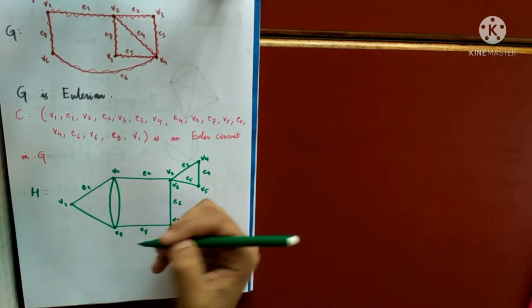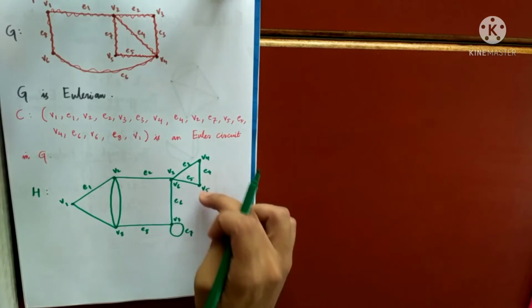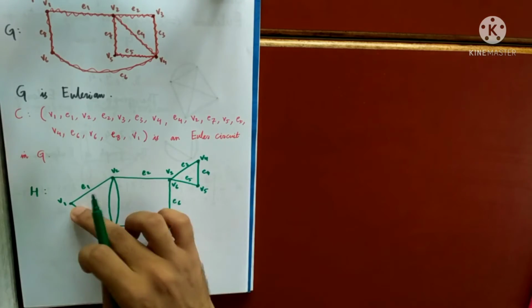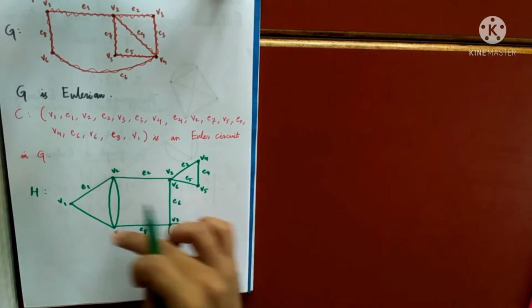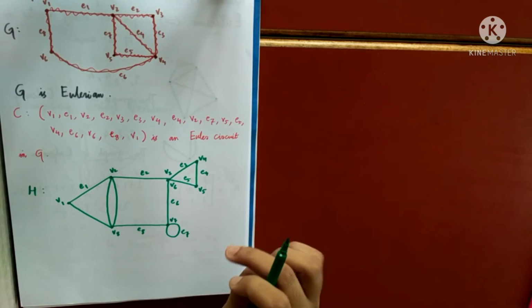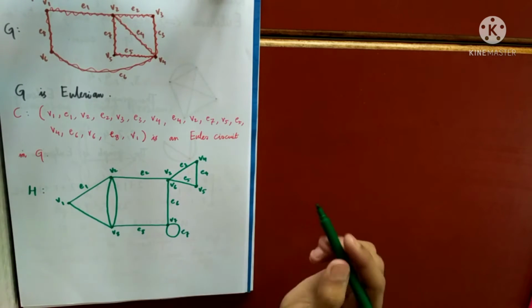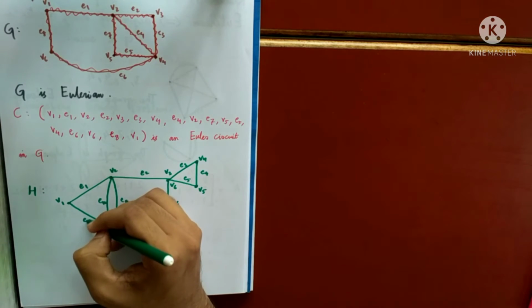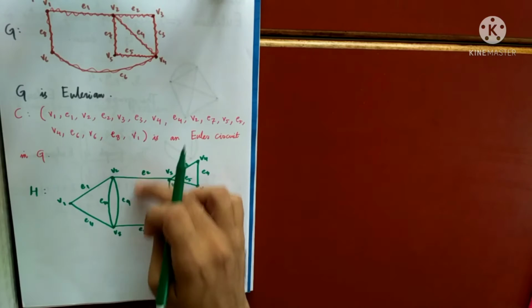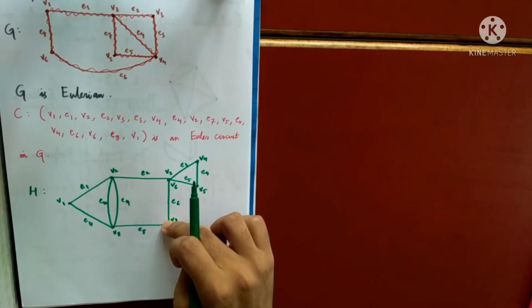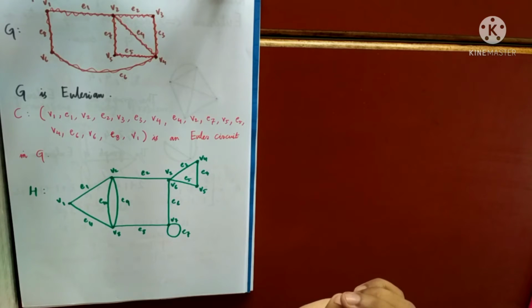This is v8. So the vertices are v1, v2, v3, v4, v5, v6, v7, v8. Okay, that's all right now. The edges e8, e9, suppose e10 and suppose e11. So 1, 2, 3, up to 11. I can only see 7 vertices.